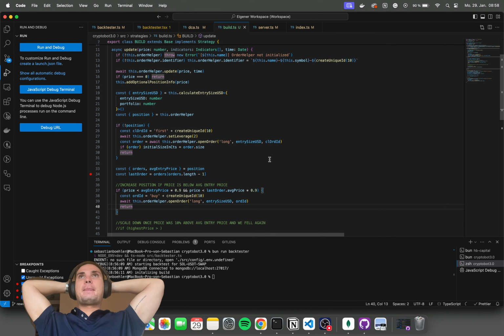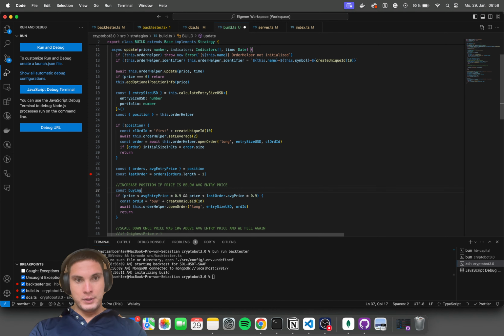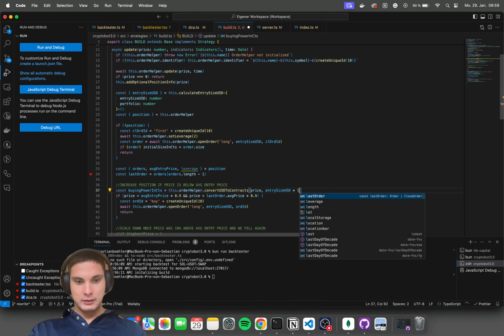And we should be able to say const buying power in contracts, and that's the entry size USD times the leverage.